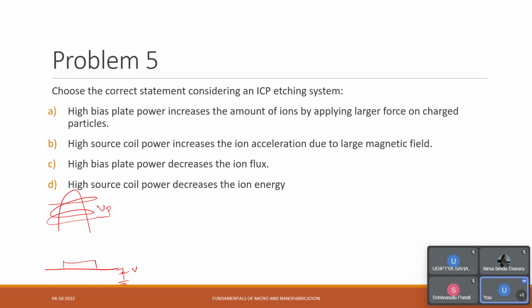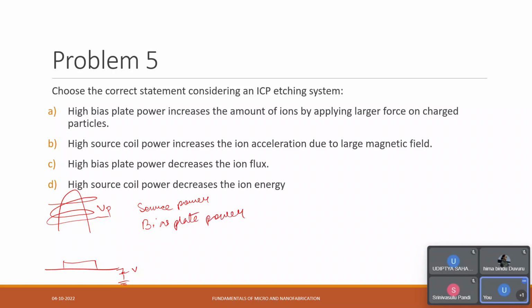So there are two factors here: the source power and the bias plate power.